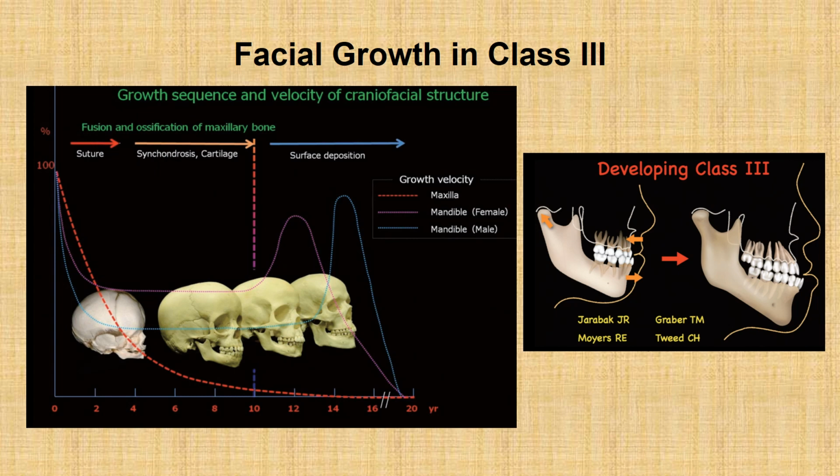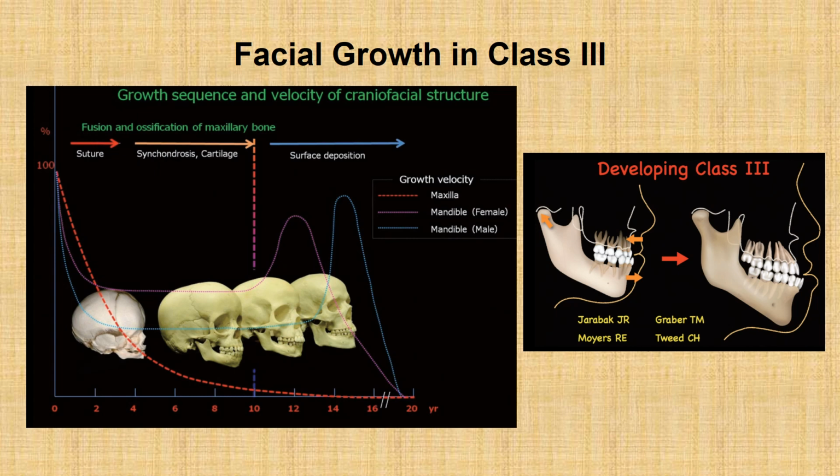Okay, now if you look at this growth, compare the growth in the maxilla and the mandible. This purple curve is the growth of the mandible in the female, the blue curve is the growth of the mandible in the male, and this broken red line is the growth curve of the maxilla.